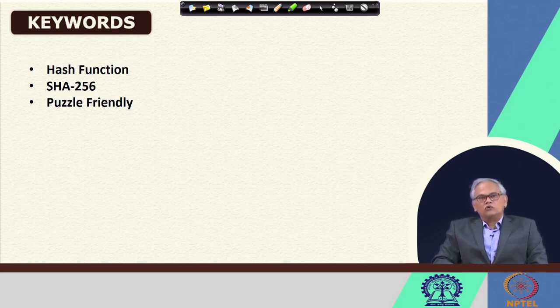We will also talk about one of the hash functions, namely SHA-256, in detail. We will also see that there are different characteristics of hash functions. Among them, we will look into one particular property in detail, which is called puzzle friendliness, and we will see why this property is very important as we try to apply hash functions in the context of blockchains.